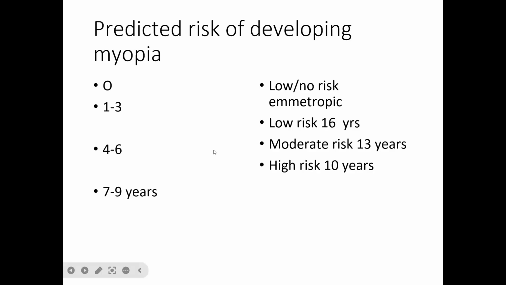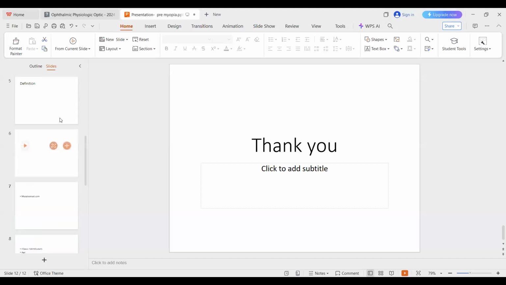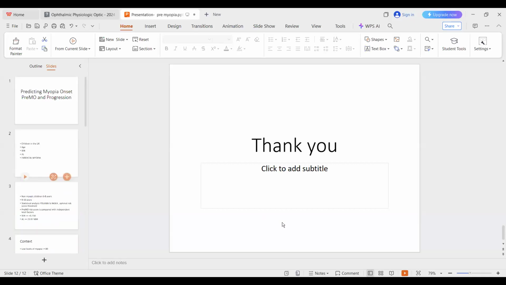If it is 7 to 9, it is high risk, and the child is likely to become myopic by the age of 10 years. So this is the basic study pattern, and the remaining charts which sir has shown are all in the paper. Sir, sorry for this.